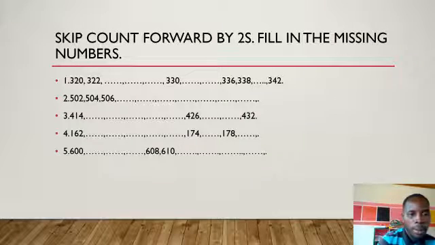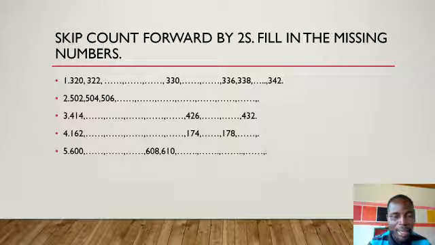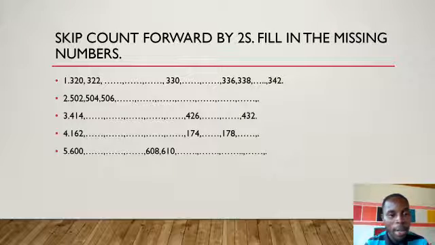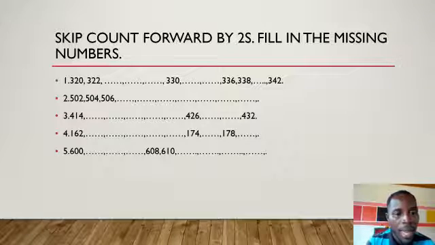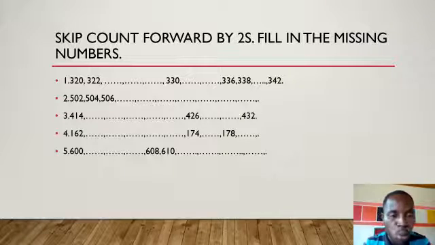Now, we are using this as a case study. We are using this to refresh our mind on the skip count. It's not an exercise. So all follow, then you do this one together as an example. So the heading is skip count forward by 2's. Always be given the rule.